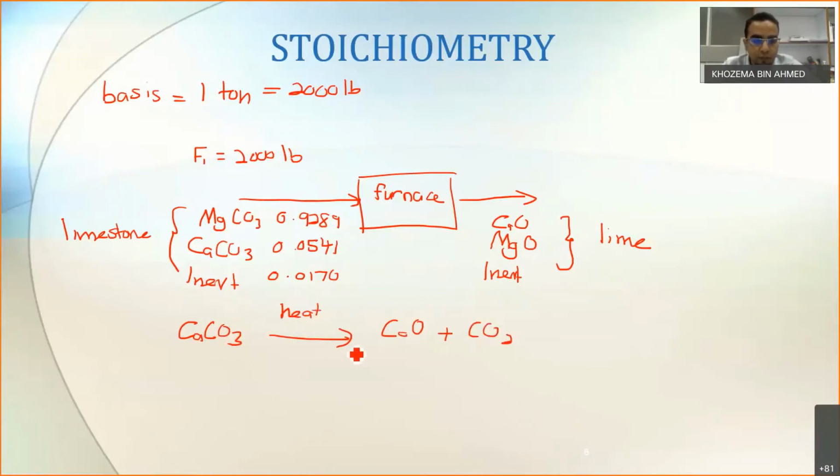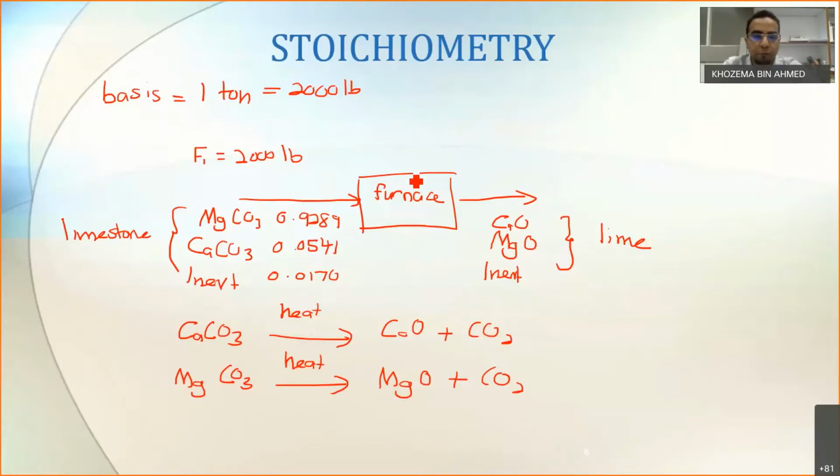And then you have your magnesium carbonate, plus heat as well, you'll get magnesium oxide plus CO2. Now if you see the labeled flowchart, we only have limestone, and we get lime. But if you look at the reaction, we also have an additional product, which is carbon dioxide.